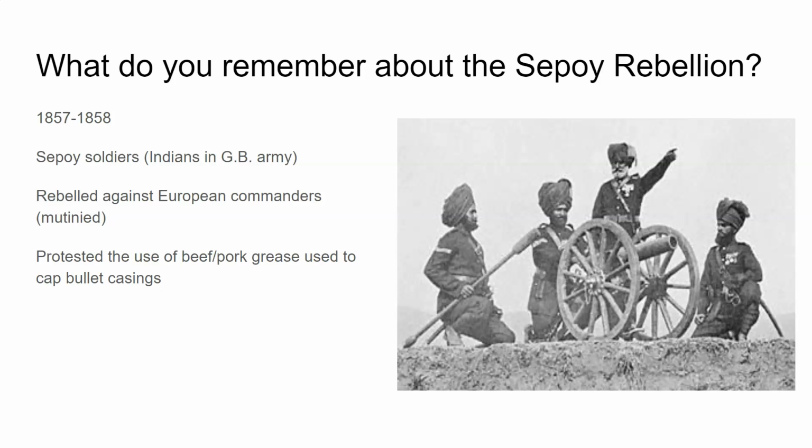So these Indian soldiers were either Hindu or Muslim. And if you recall, the traditions of those two religions, to eat beef or pork, depending on your religion, is against your traditions and your culture. So this was highly offensive to these Indian soldiers, and they mutinied against their European commanders.